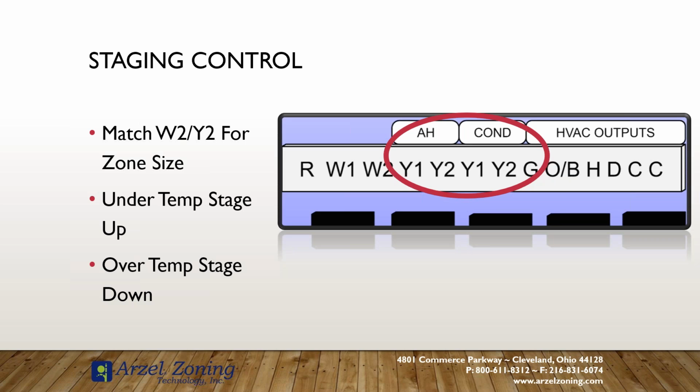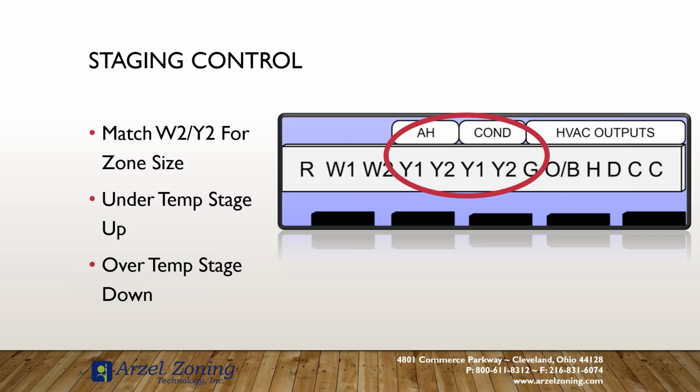Now your condenser outputs, Y1, Y2 condenser, those are based on your leaving air temperature. So if you can maintain your cool stage threshold or your heat stage threshold with the first stage compressor, the panel's not going to stage up your condensing unit. If you need that second stage condenser, so maybe it's getting real cold outside and you have a heat pump system and you want to run the compressor itself more aggressively, but it's a small zone.